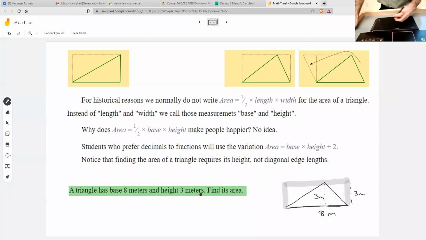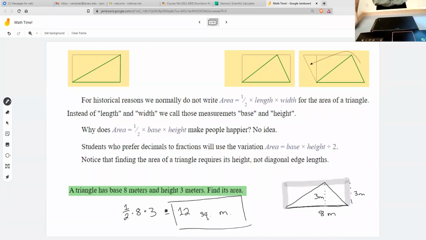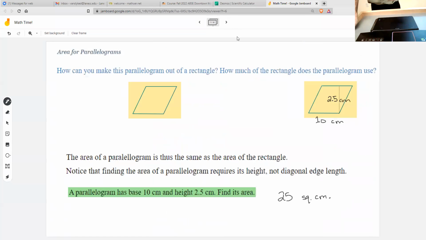Did I label my other area correctly, by the way? I never actually did do this, right? So 1/2 times 8 times 3 is 12 square meters. If you are fancy and write square meters with an exponent on the M, you're allowed to do that. But I'm just writing SQ because it's easier as we're reading things. So what did I do with the base and the height?